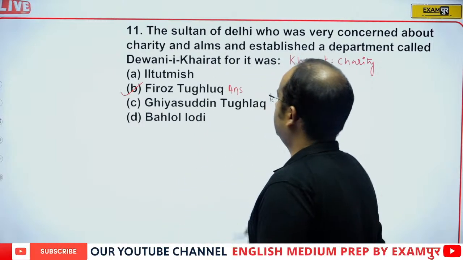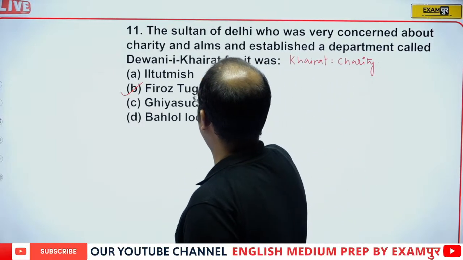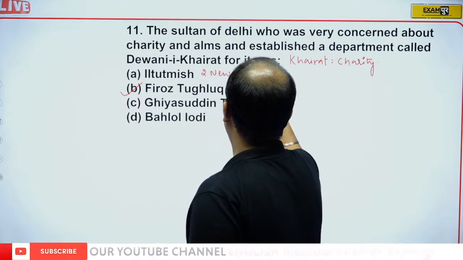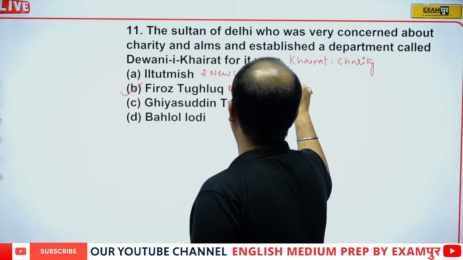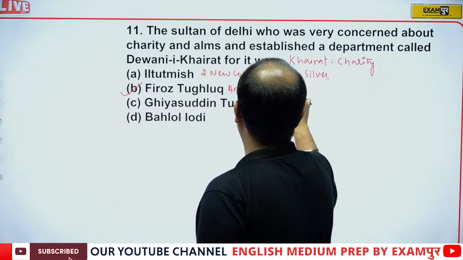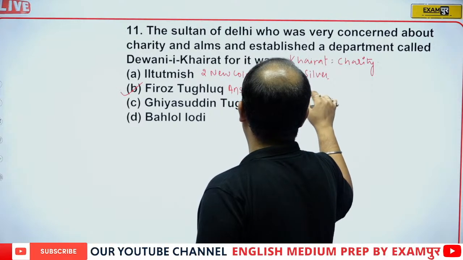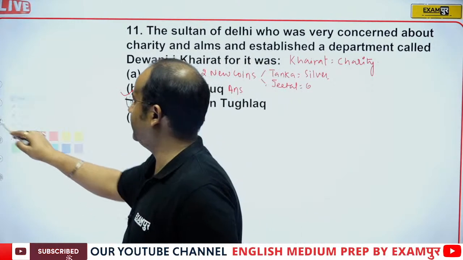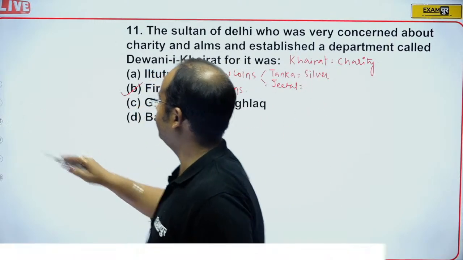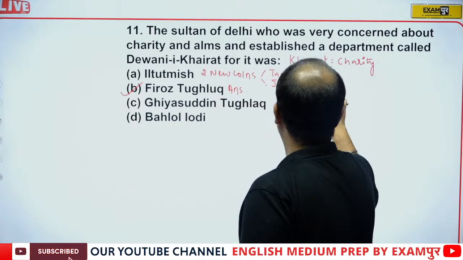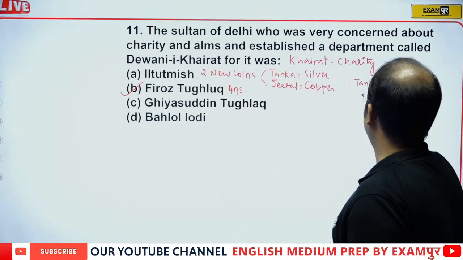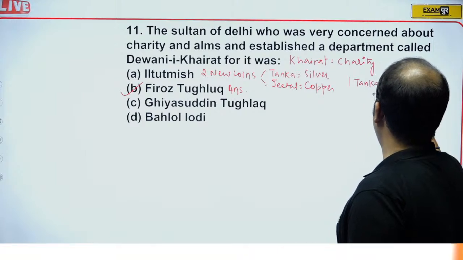Now Iltutmish started two new coins: Tanka of silver and Jeetal of copper. One Tanka was equal to 48 Jeetal.